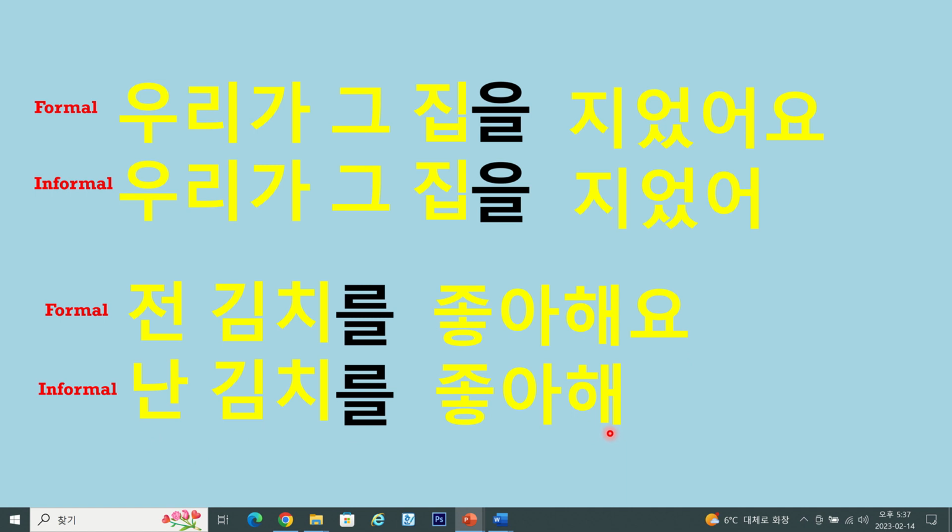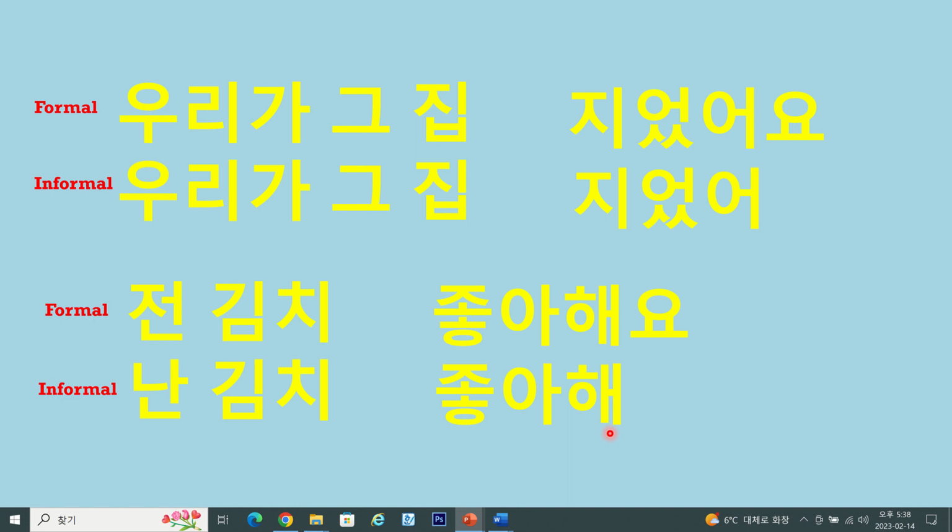But Korean people say these sentences without the particles, like 우리가 그 집 지었어요, 우리가 그 집 지었어, 전 김치 좋아해요, 난 김치 좋아해.